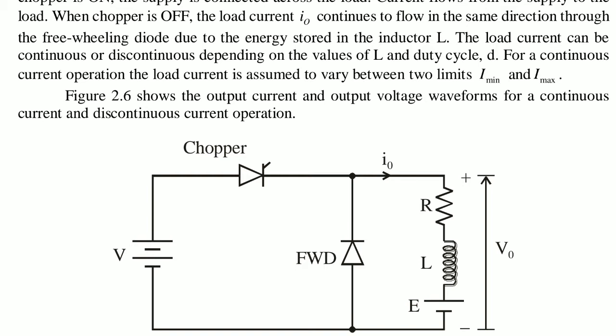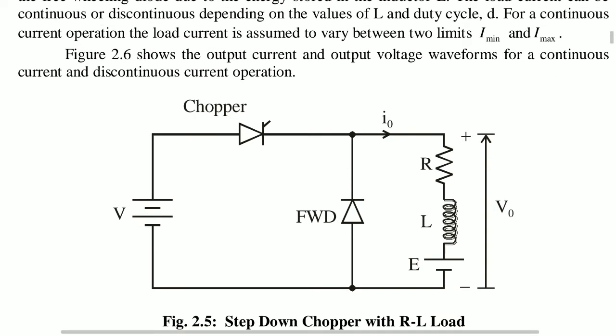Please remember, the duty cycle D and the inductor value will decide the type of current at the output. For continuous current operation, the load current is assumed to vary between limits, from minimum current to maximum current. It will be more clear from the waveforms.